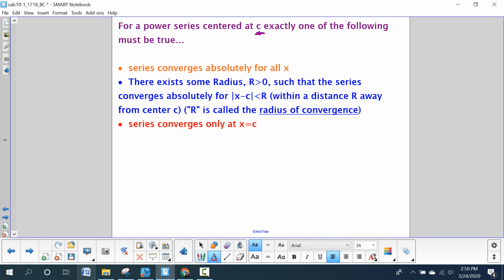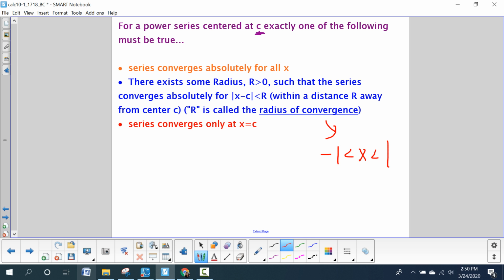So basically what that means is that your radius of convergence, for instance, let's say that I told you that a power series only converged on the interval -1 to 1. If it only converged on the interval -1 to 1, that means that only for the values in between -1 and 1 will that power series approximate that function.